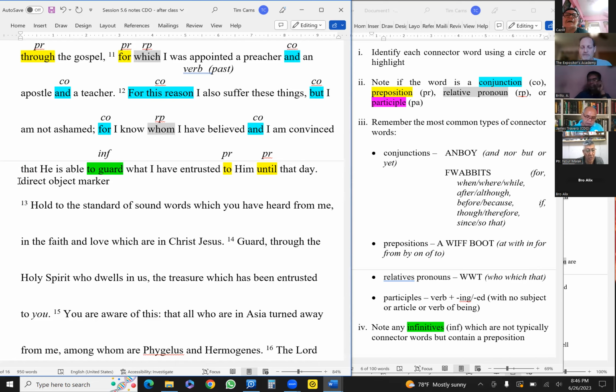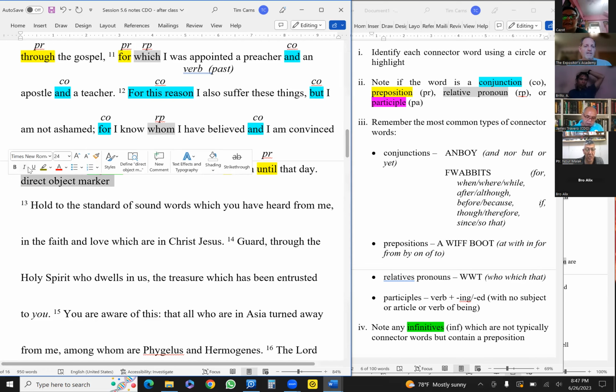And again, I'm sorry, this is getting into more technical details regarding grammar. But I just want you to be aware that that is a tricky word we have to watch for. Notice there's a second use of that here, until that day.